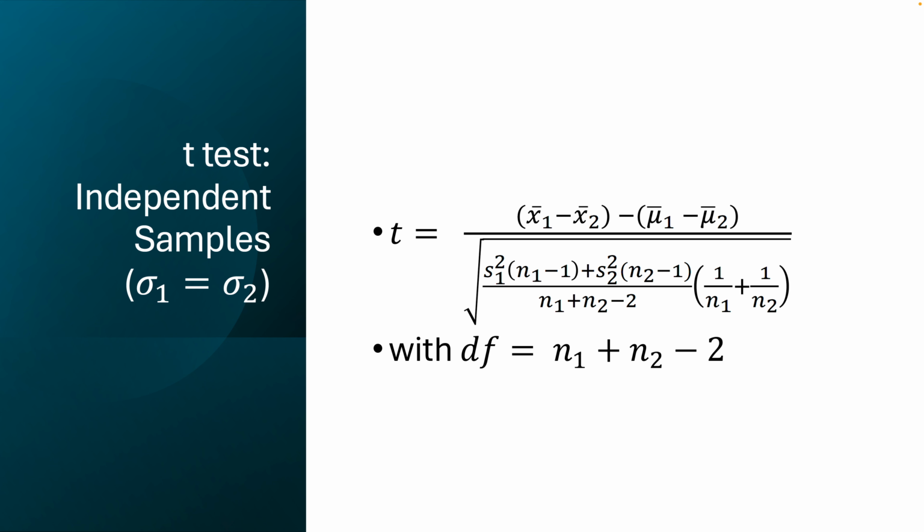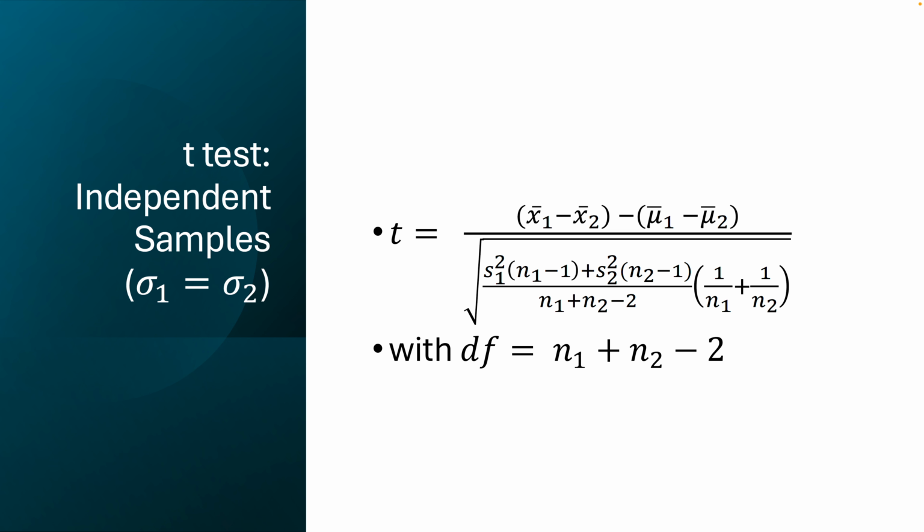We have two scenarios, that these two samples are originating from populations which have same variance or same population standard deviation. So in this case, we will use this formula with the degrees of freedom given by n1 plus n2 minus 2.